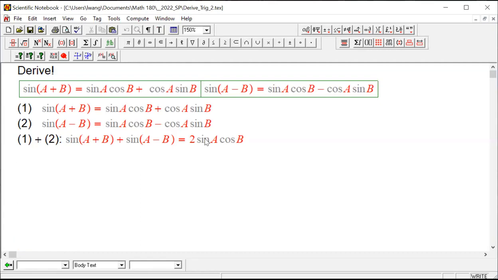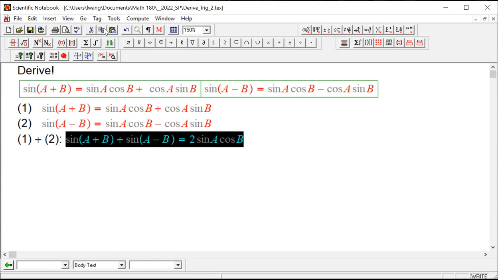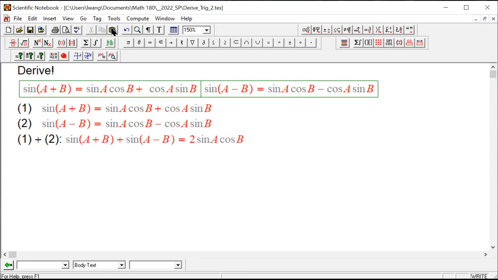Okay. Once we get that, we can divide both sides by 2. This is mathematical principle number 4.